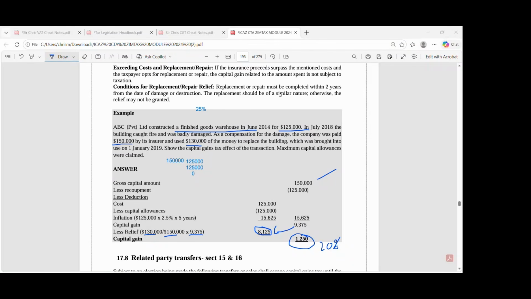So that's the difference. You can't claim capital allowances in the year an asset is disposed of, but you can claim inflation for each year. And we don't apportion, like what we do with the depreciation, isn't it?